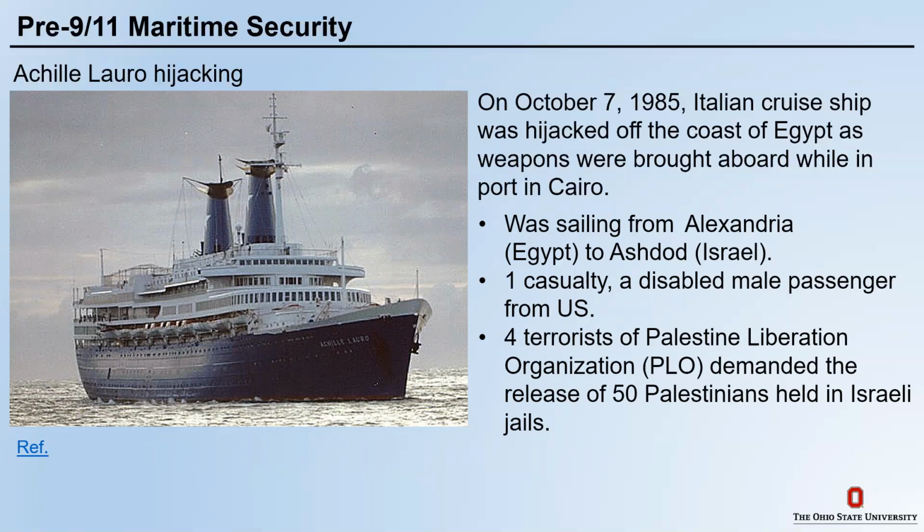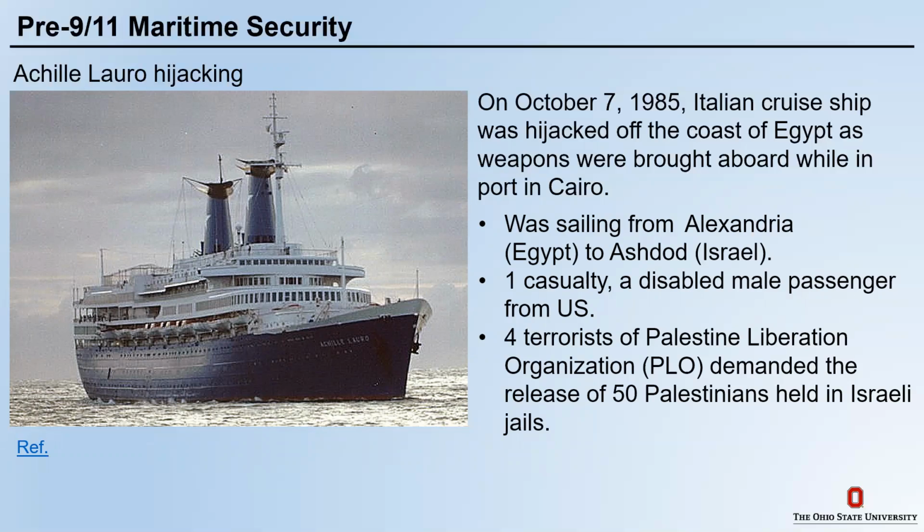He was a US citizen. He was killed and thrown off the ship. So what's the demand? What's the purpose of this attack? So the 4 PLO terrorists hijacked this ship.